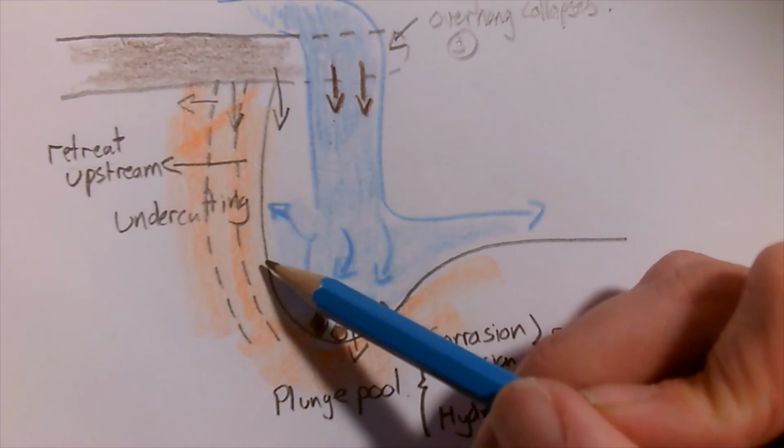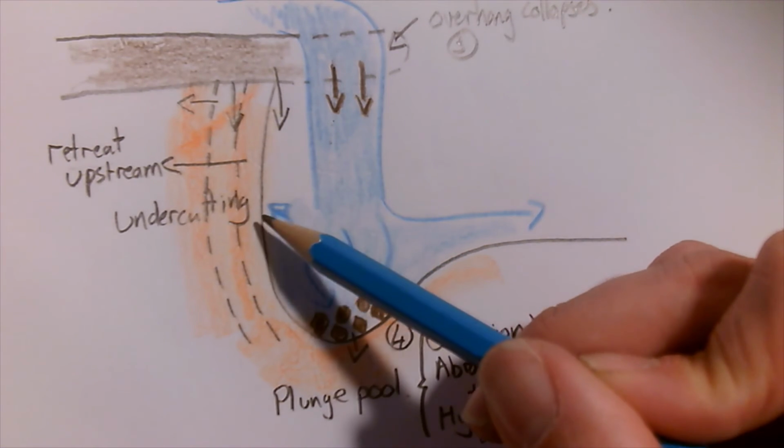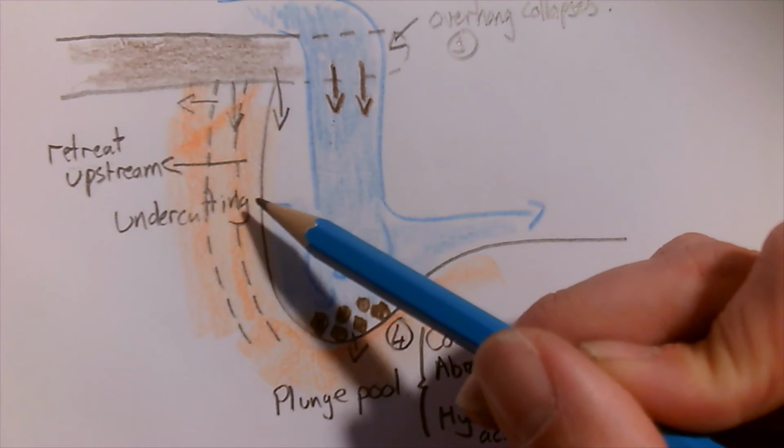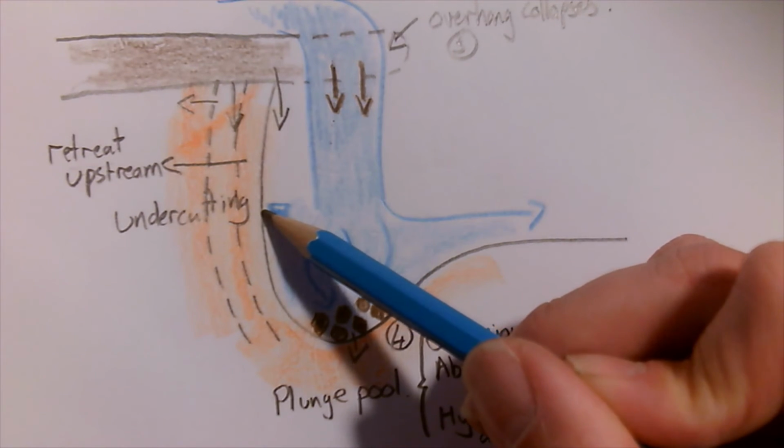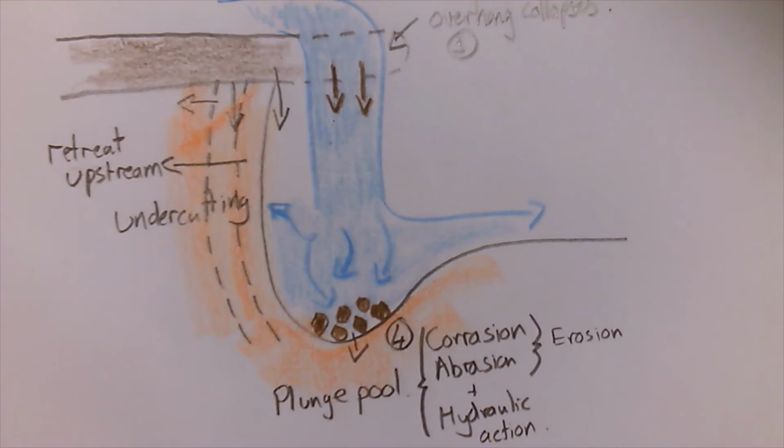Once the water has started to erode the soft rock again using hydraulic action, what will happen to the soft rock? Good, thank you, Kizar. It will be eroded and the hard rock will be undercut.